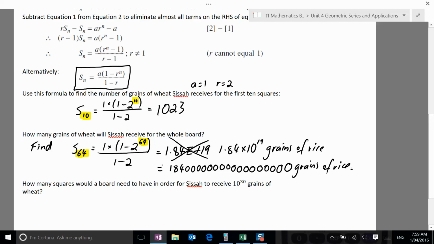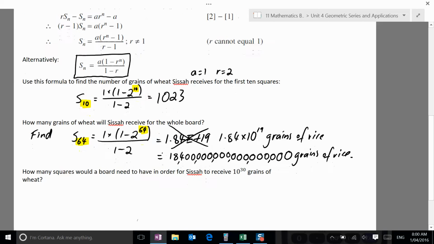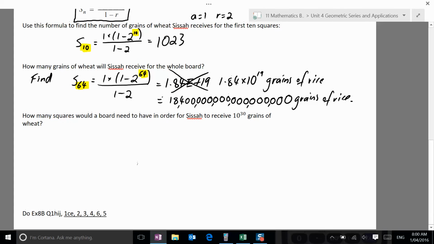That's a lot of grains of rice, probably more than exist in the whole universe. What number is that? No idea. Type it into Google, see if it tells you what number it is. Millions, billions, trillions, heaps. That's a lot of grains of rice.